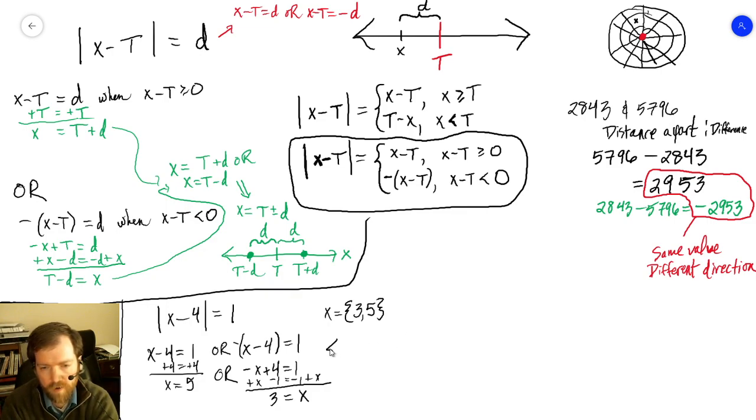So we know, okay, I'm just going to do this right now just as x. We have a target value, which in this case was 4. We have a distance up of 1 and a distance down of 1 to both 3 and 5, and we are at those two locations, 3 and 5.